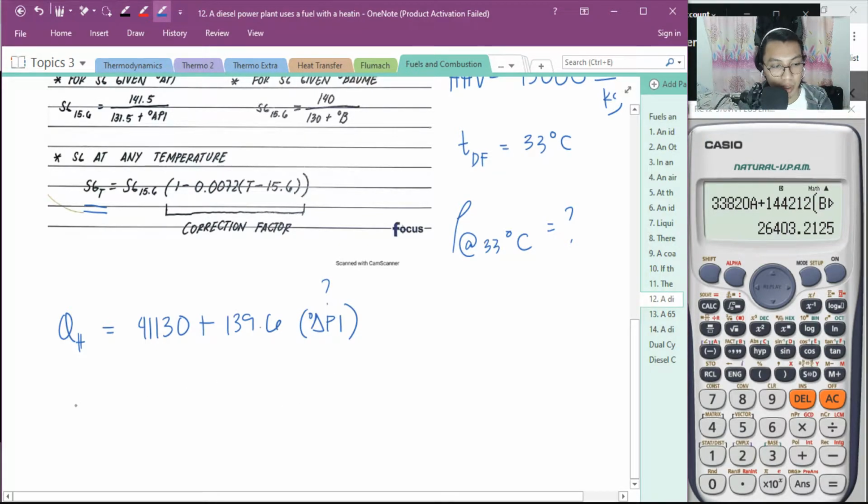Okay? So, meron ka HHV. So, reform natin. Degree API is equal to HHV or QH minus 41,130 divided by 139.6 para mahanap mo yung degree API.